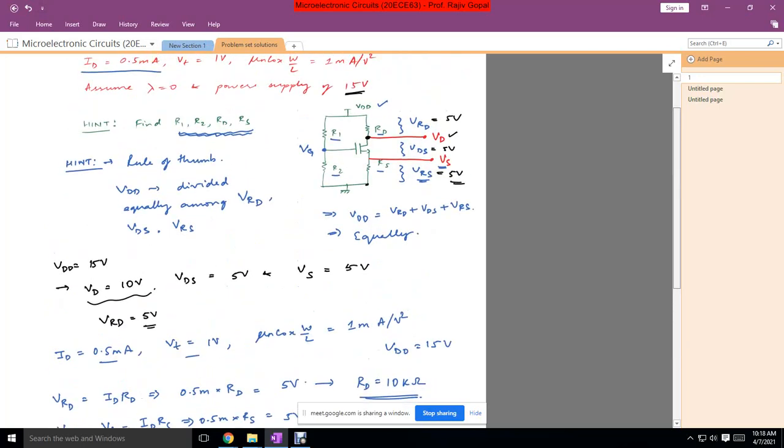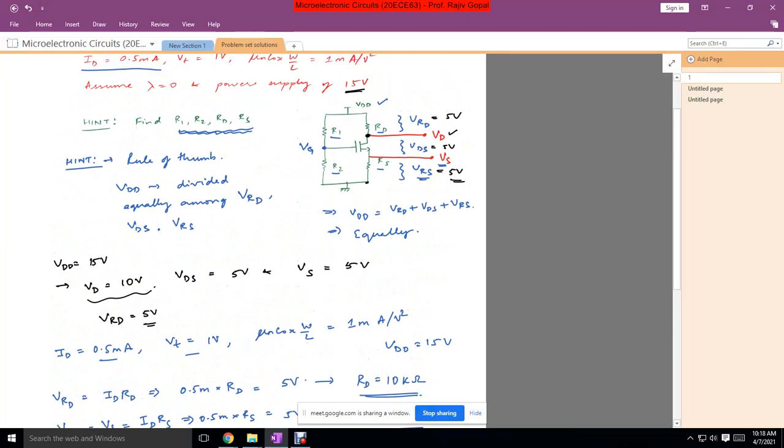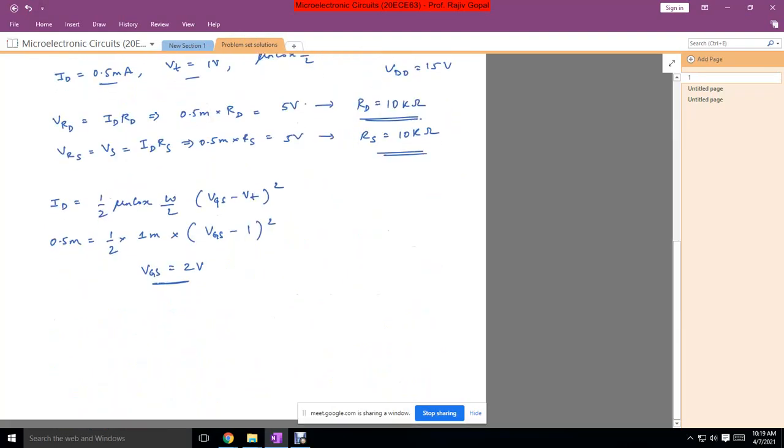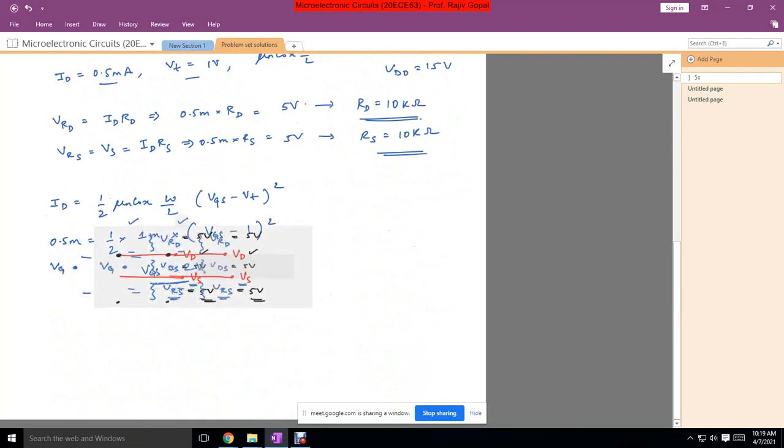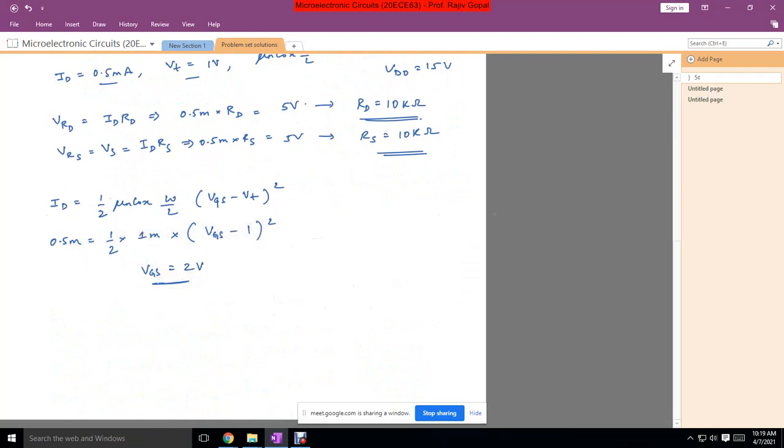Let me copy this figure quickly. Okay, R1, R2, RS, this is ground, RS, this is RD, and this is VDD.